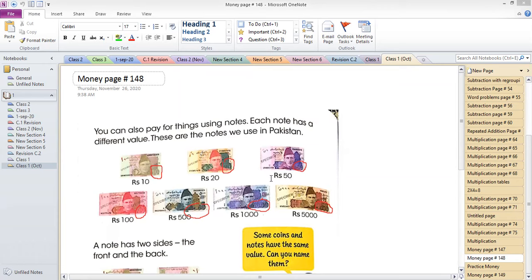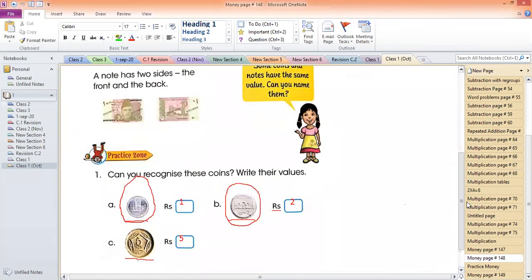The coin has two sides, the currency note has two sides, and you can find their values written on the bottom of the currency note, or anywhere on it, right? We have also practiced. Now you can recognize these coins: this is the rupees 1 coin, rupees 5 coin, and rupees 2 coin.